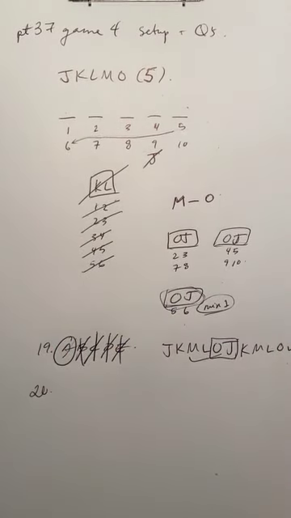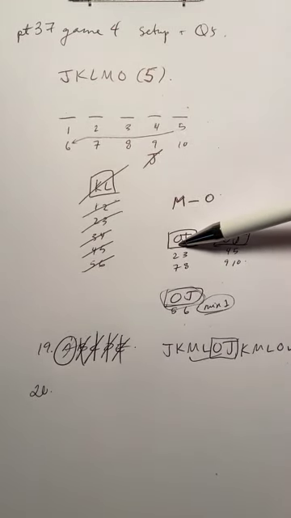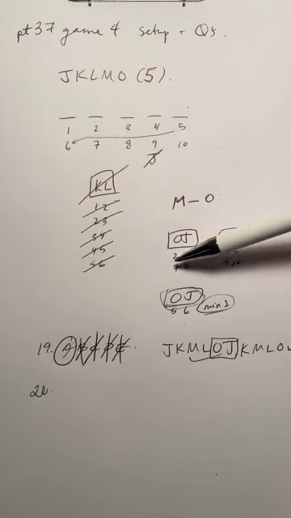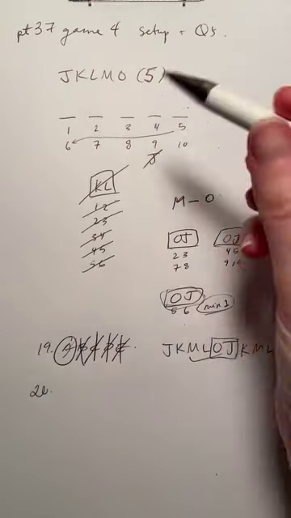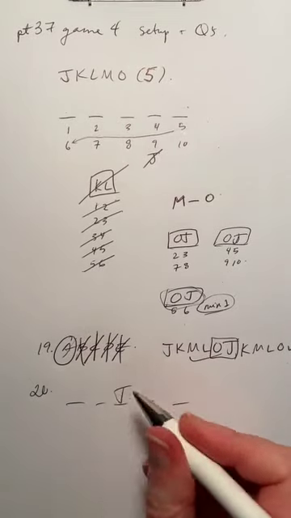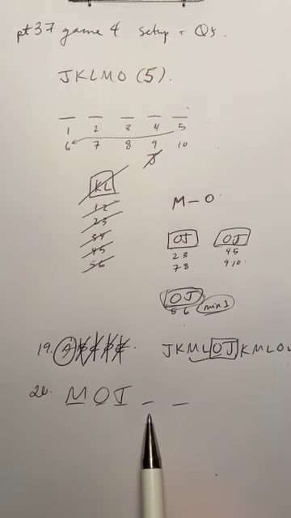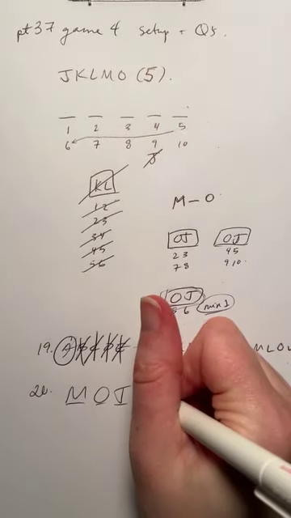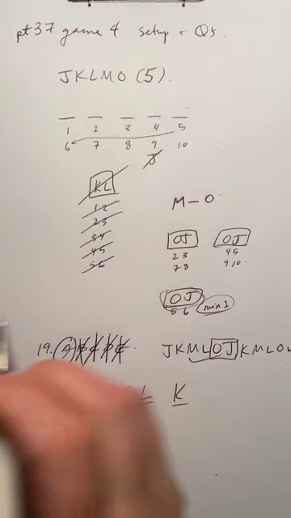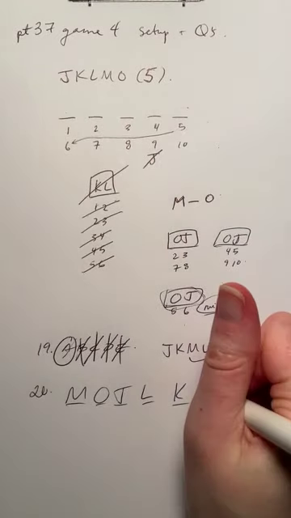20, if J swims lap 8. So J swimming 8 would mean O swims 2. Okay, so J would be here, O here, M has to be before O. We can't have K before L, so we would have to have L before K. And so we would be able to determine which team member swims the lap for all 10.